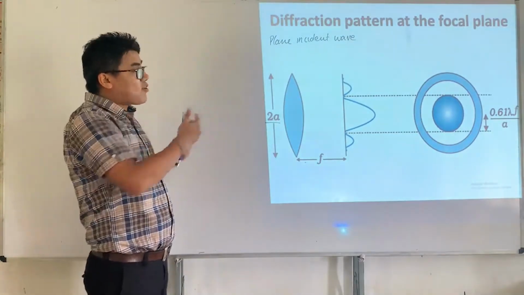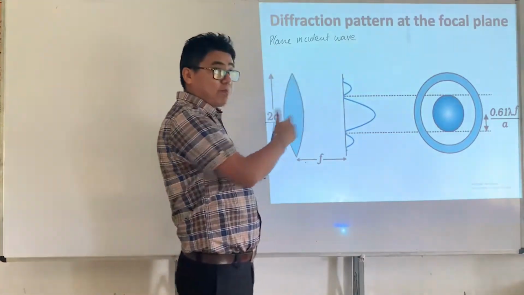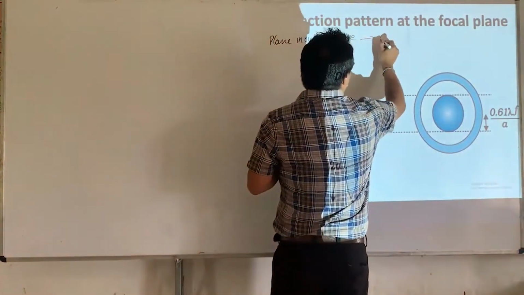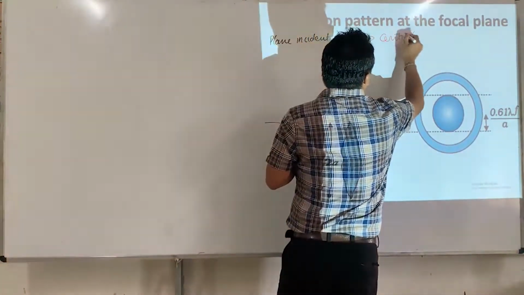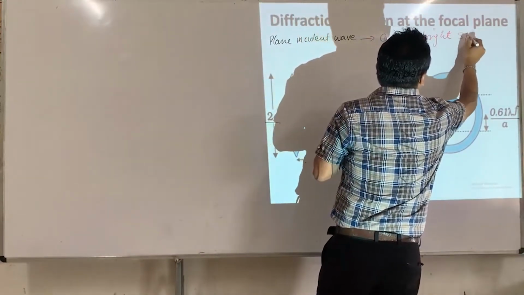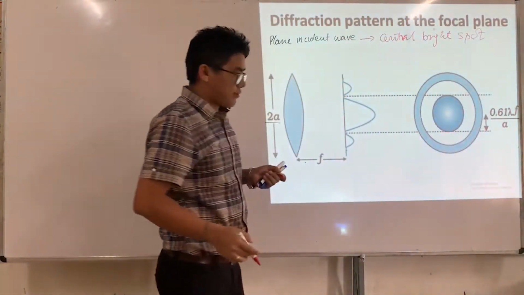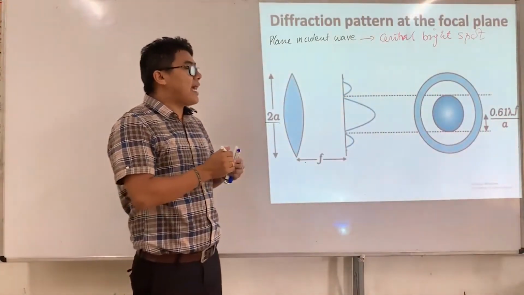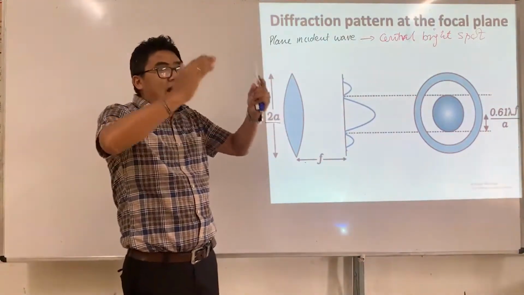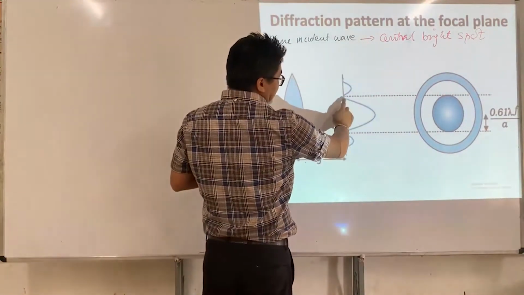Since it undergoes diffraction, we get a diffraction pattern. The diffraction pattern is such that we get a central bright spot, and after that central bright spot we get concentric dark and bright rings.